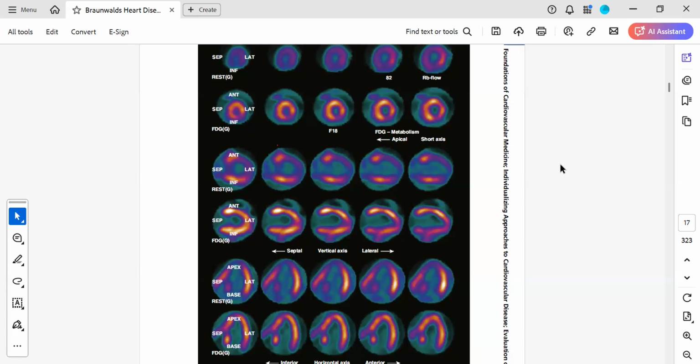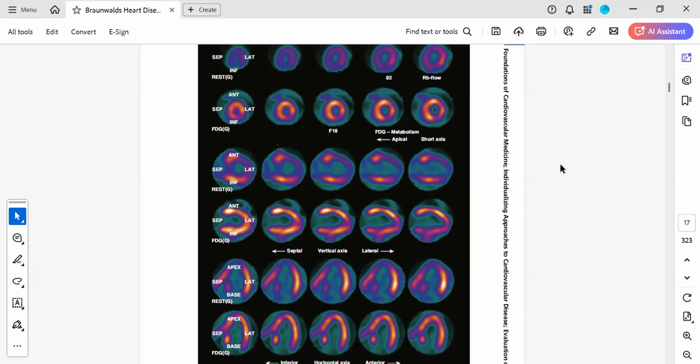Okay, so one important thing you are looking at, as we previously said, is that when you are assessing the images, you are trying to look at the myocardium and the chamber. What are we looking for in the myocardium?